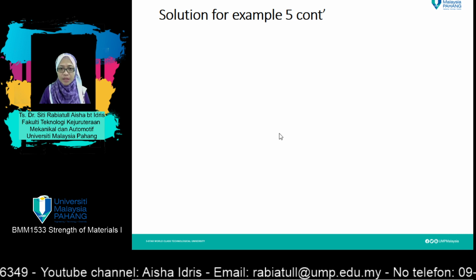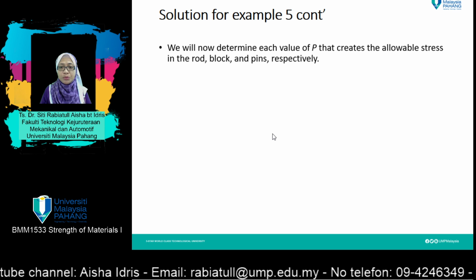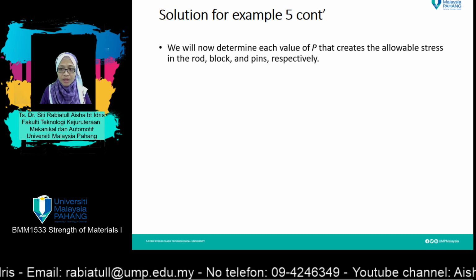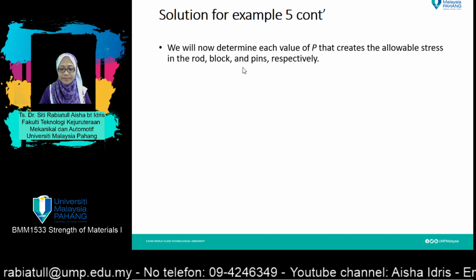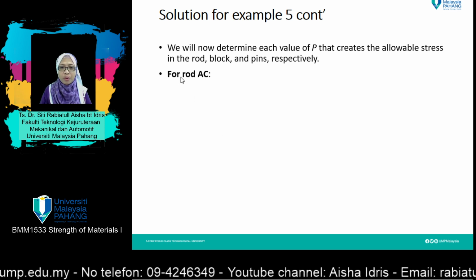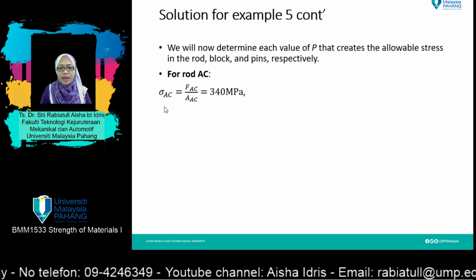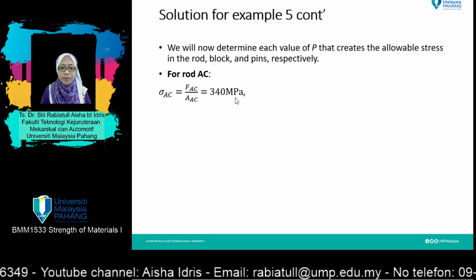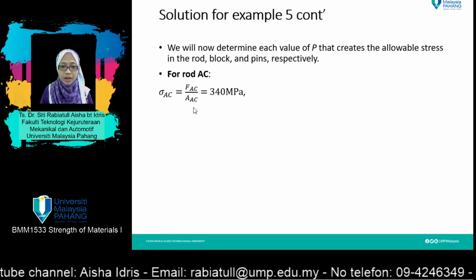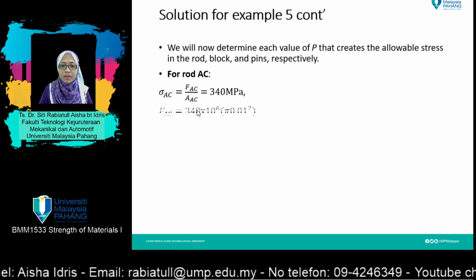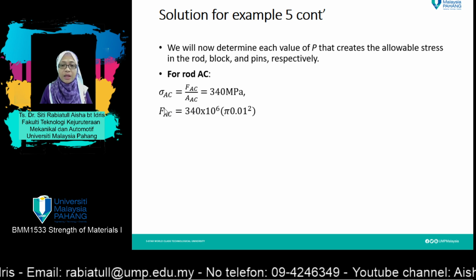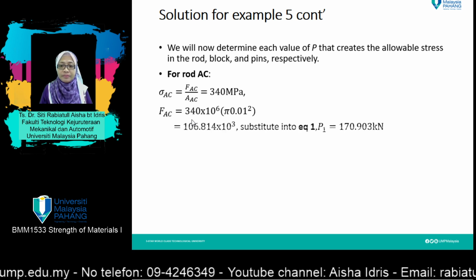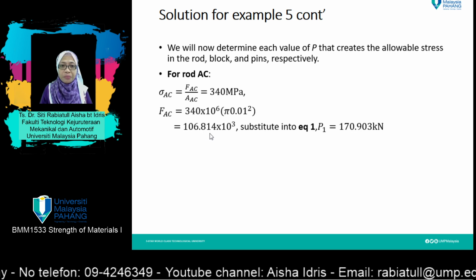So the next step that we need to do is to calculate the value of P in the rod, blocks and also pins. Number 1, for rod AC, we know that the value of normal stress given to us just now is 340 MPa, and we know the equation for stress is P over A or F over A. So from there we can get the value of the reaction force acting on AC, which is 106.814 kilonewton.